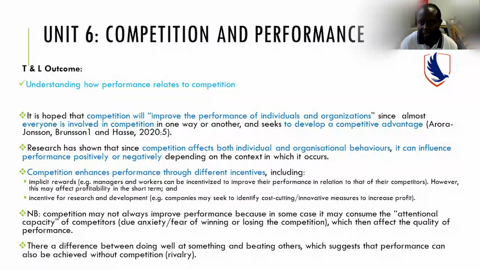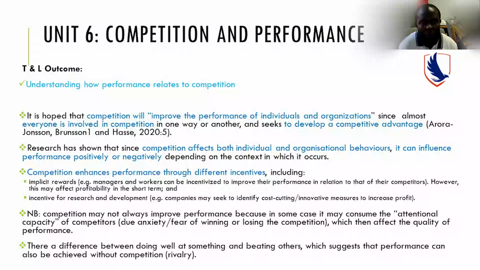I'll do unit number 6. Unit number 6 is about the relationship between competition and performance. The teaching and learning outcome here is for students to understand how performance relates to competition. Now here, the students will discover that competition is regarded as something that can help improve performance for both individuals and organizations.